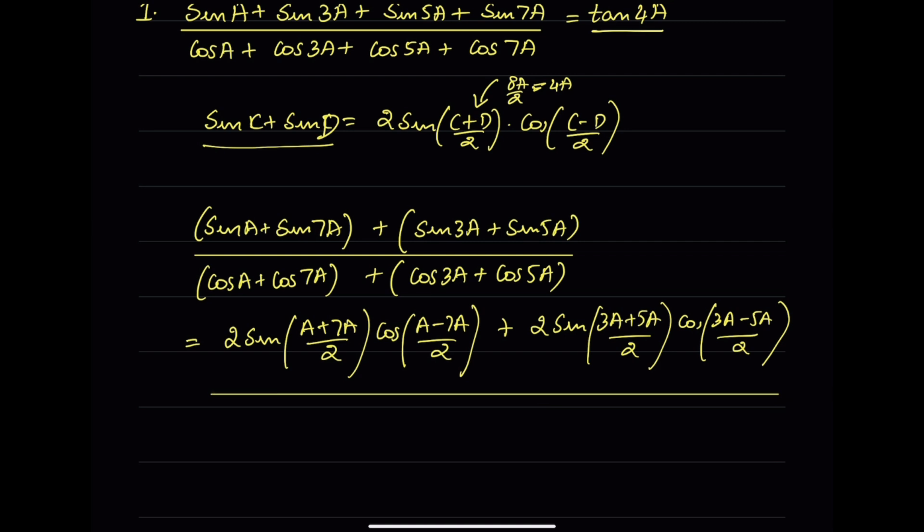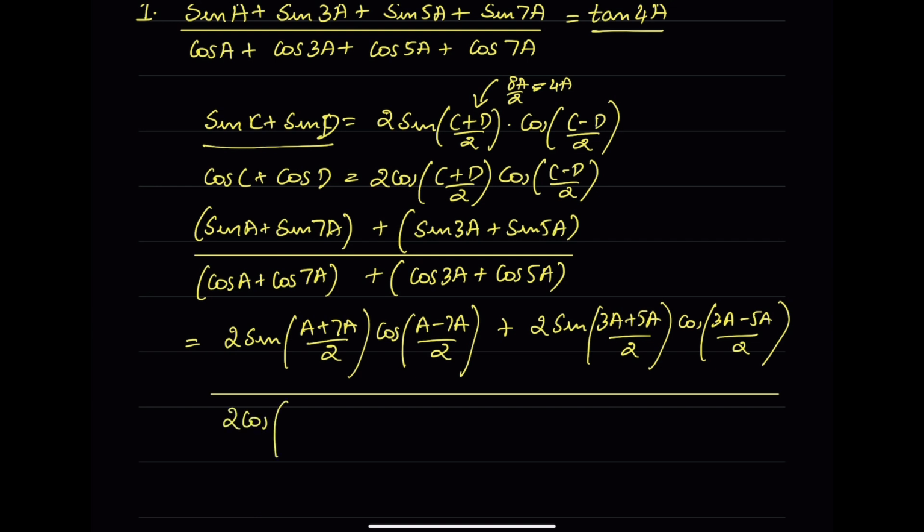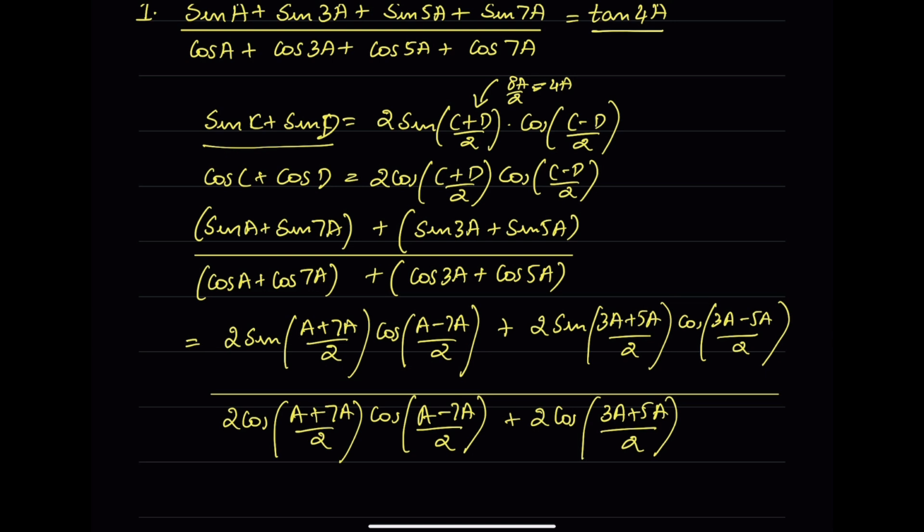and the whole thing divided by, now for cos C plus cos D, the formula is 2 cos of (C plus D) by 2 times cos of (C minus D) by 2. So when we apply that, we will get 2 times cos of (A plus 7A) by 2 and cos of (A minus 7A) by 2 plus 2 times cos of (3A plus 5A) by 2 and cos of (3A minus 5A) by 2.